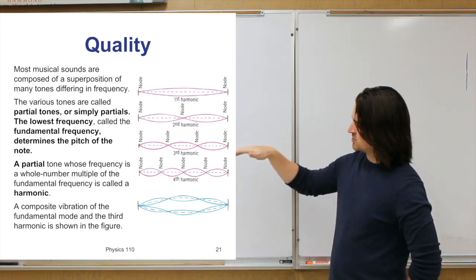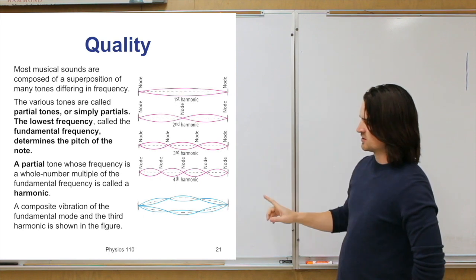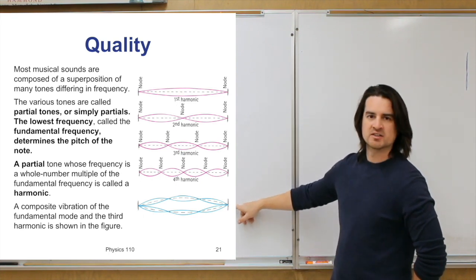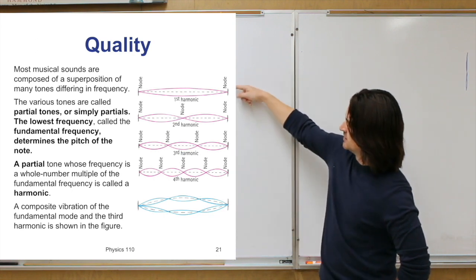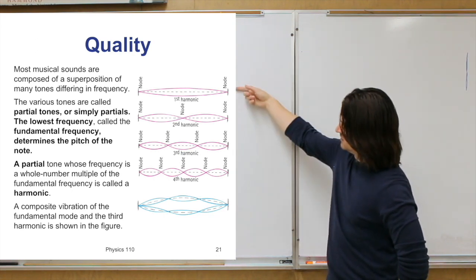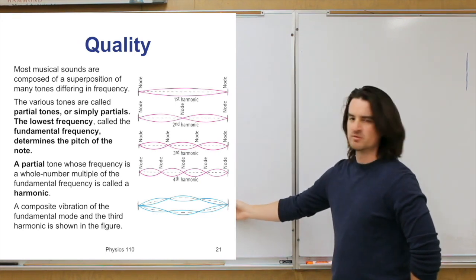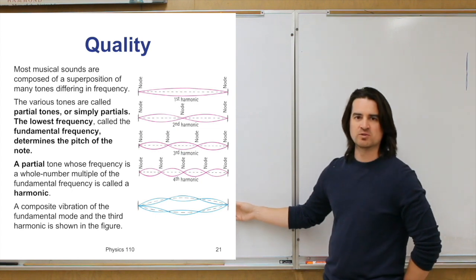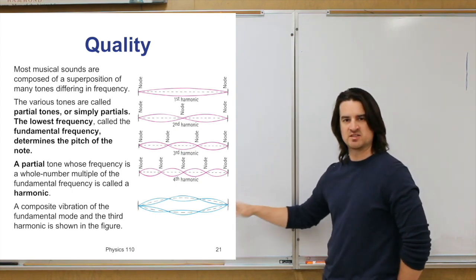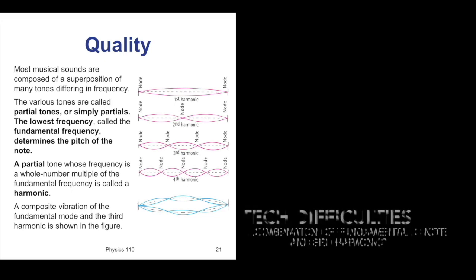So even though the string's going up and down overall, inside of that movement, there's this third harmonic happening as well. So this picture down here is essentially a combination of this fundamental harmonic and the third harmonic. You put those two together, we get this picture. So this could be an example of a guitar string that's vibrating at a C note, but it's a combination of that fundamental C.